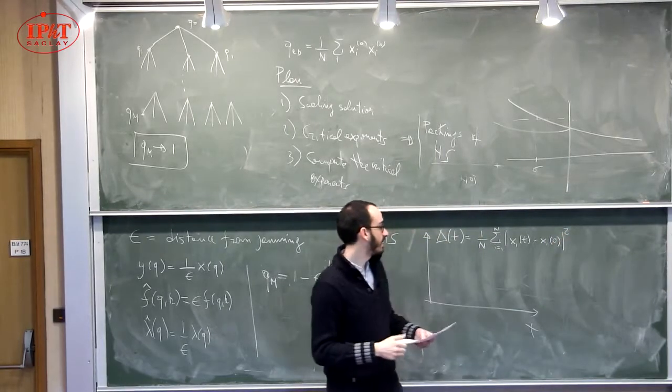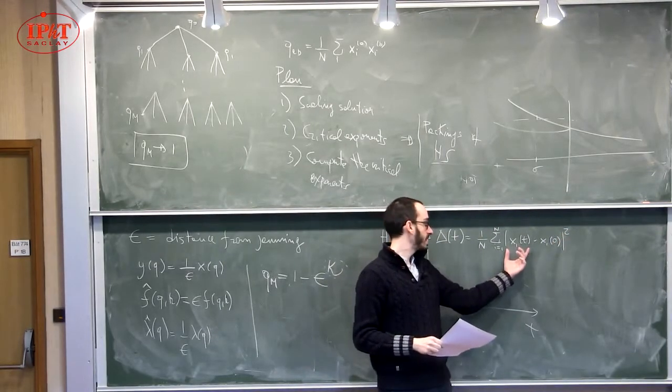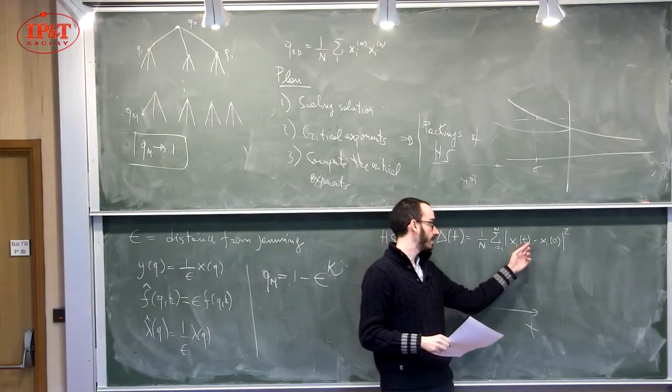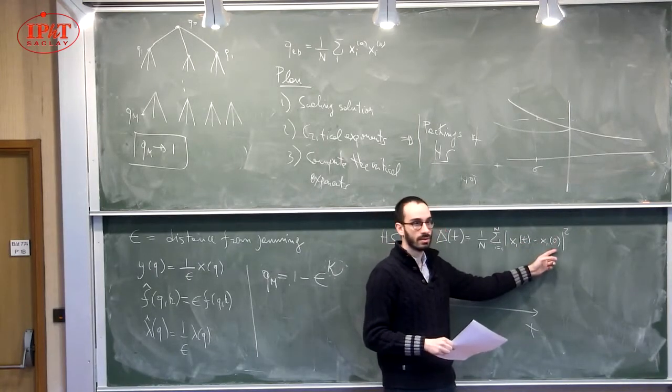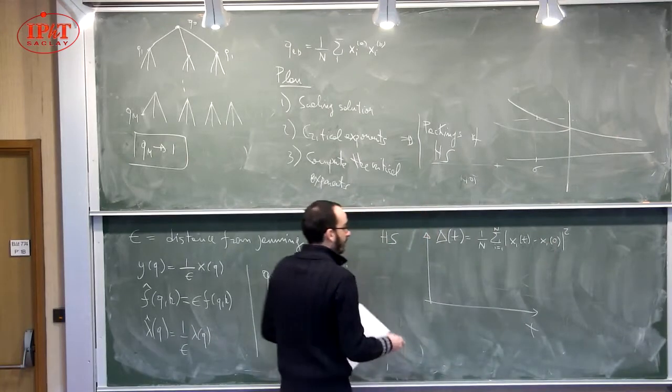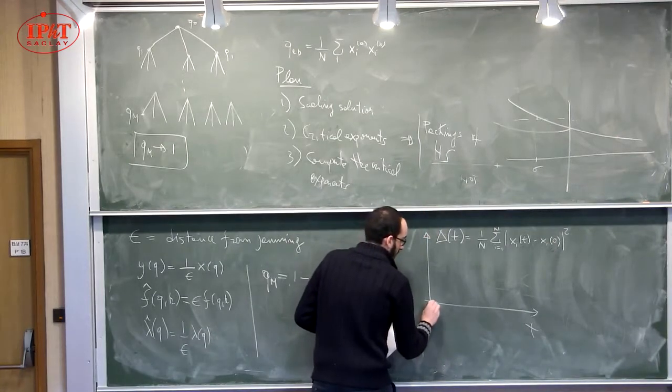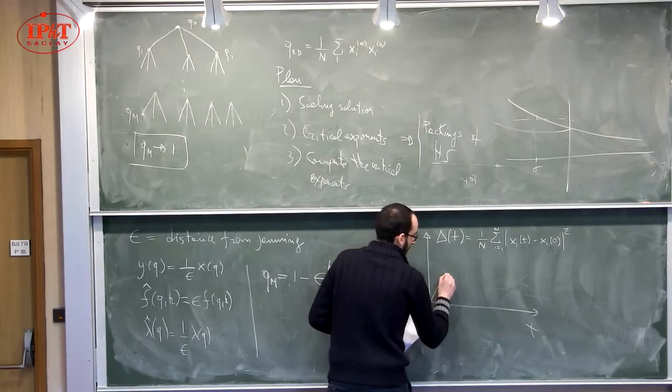So this is the relative distance in phase space of the system at time t from its configuration at time 0. Okay. And if you are in the glass phase, we discussed that this thing is something like that.